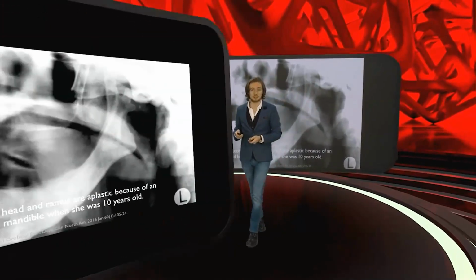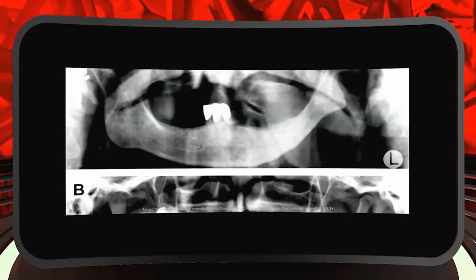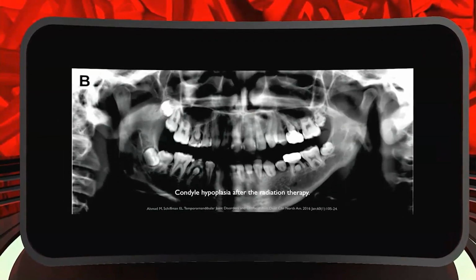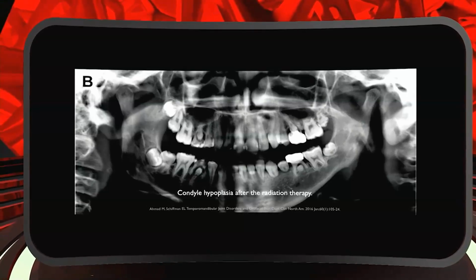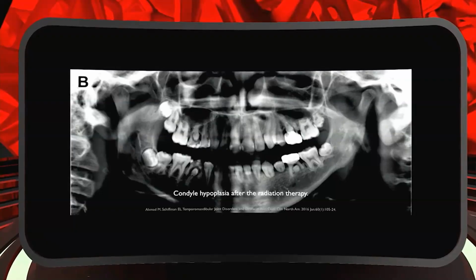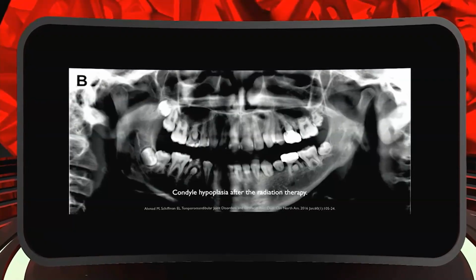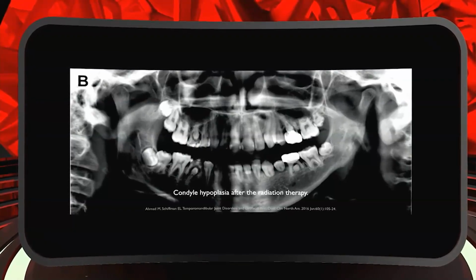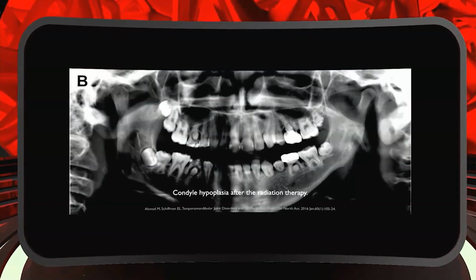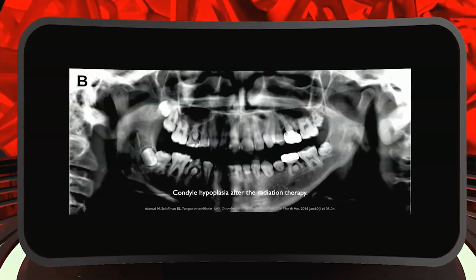Very, very interesting image. Now, what do we have in here? This is condyle hypoplasia, and this is after radiation therapy, and also notice the length of the roots in here. They are very, very short.